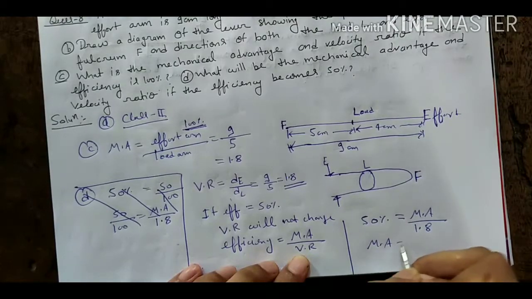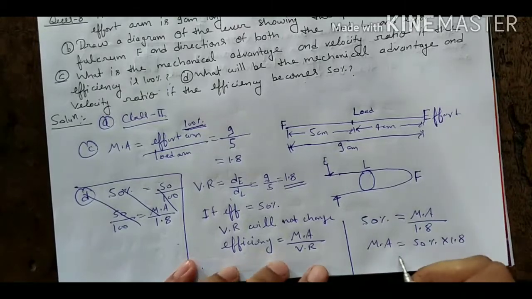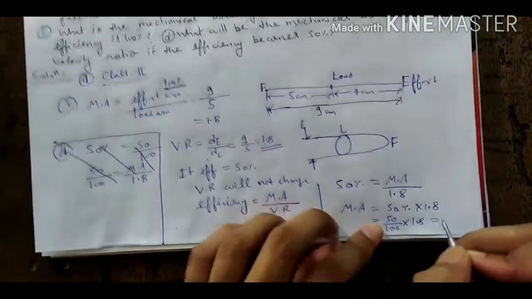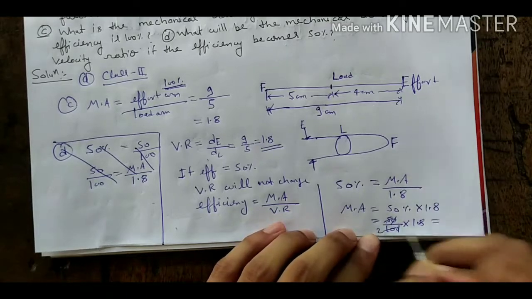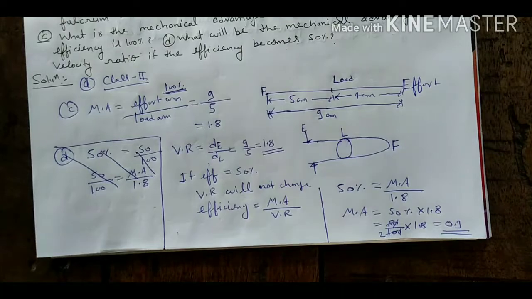So mechanical advantage equals 50% into 1.8, that is 50 upon 100 into 1.8. The 0 will cancel out, 5 twos are 10, and we get 0.9. This will be the mechanical advantage.